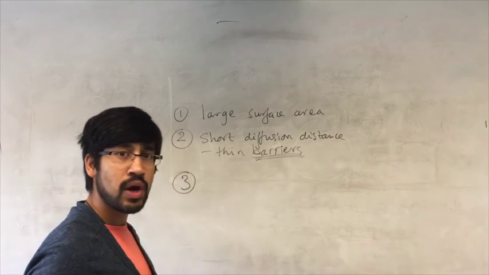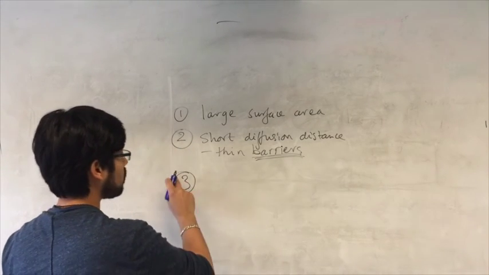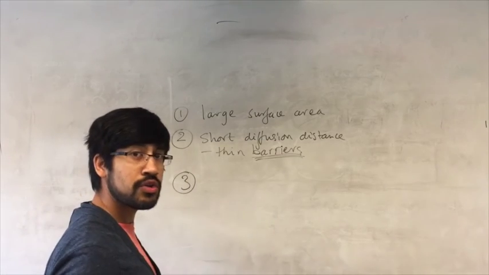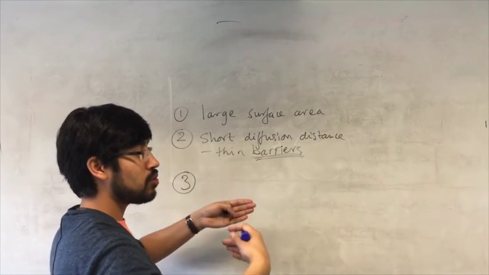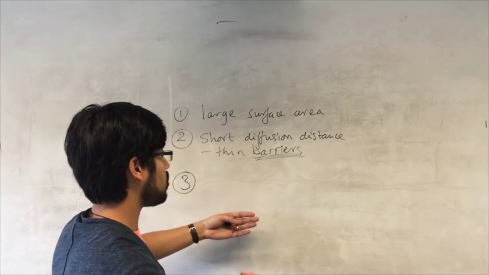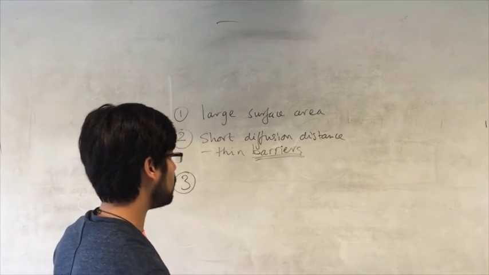Three, coming back to our diffusion gradient, a concentration gradient. We want to keep a high concentration close to a very low concentration, and therefore we'll get movement.